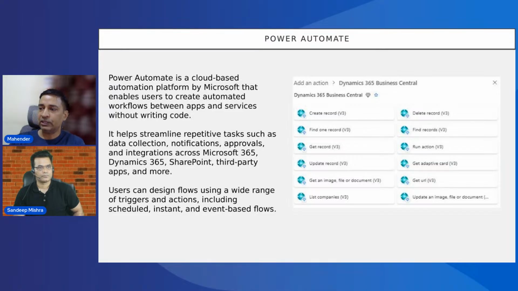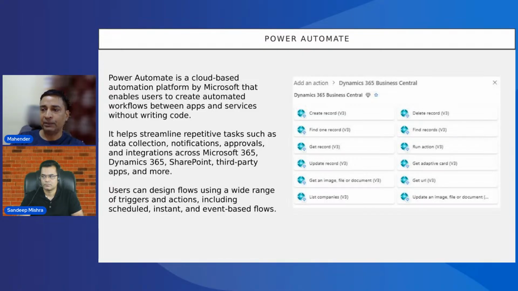As you can see here on the right-hand side, these are the different actions and triggers that are available. It's Dynamics 365 Business Central, and there is a diamond here, which means that when you want to use this particular connector, you need a premium license. Some connectors are freely available.